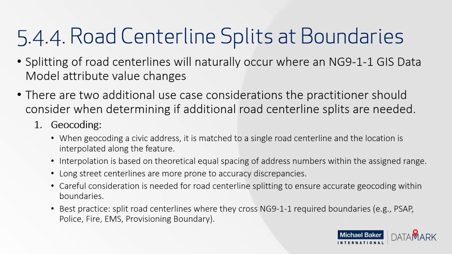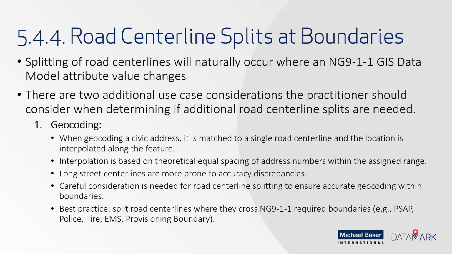But there's two additional use cases. One is for geocoding, right? We already kind of talked about it. When it's matched to a single road, location is interpolated along that road, that feature. If it's based on theoretical equal spacing versus actual address ranges, there are some considerations about that.